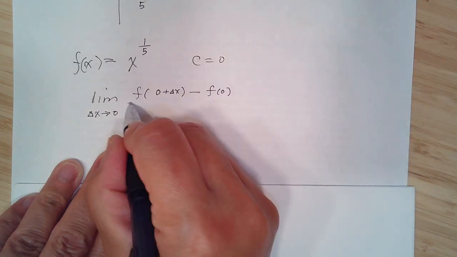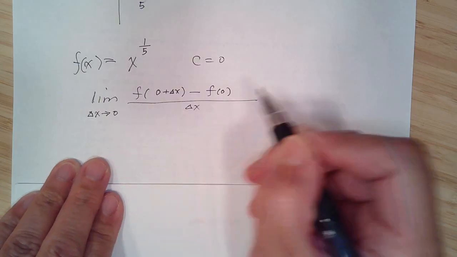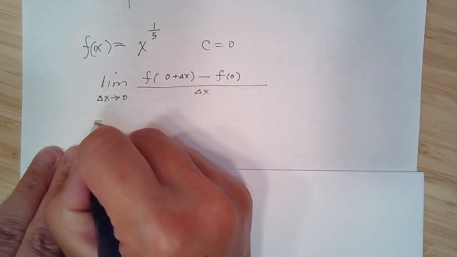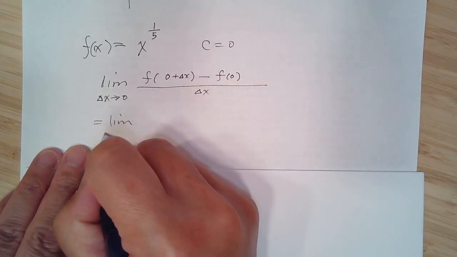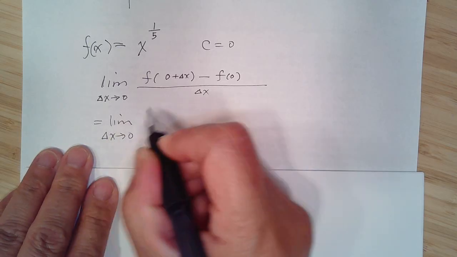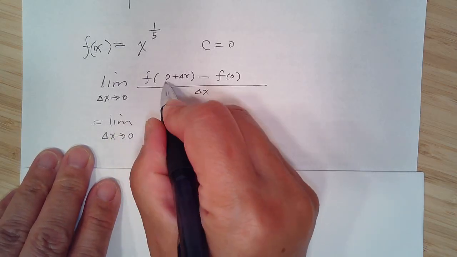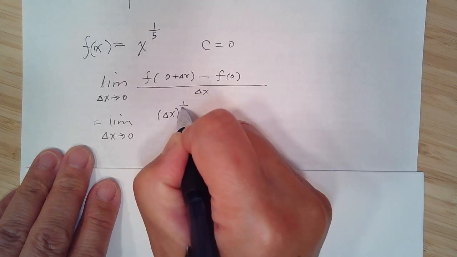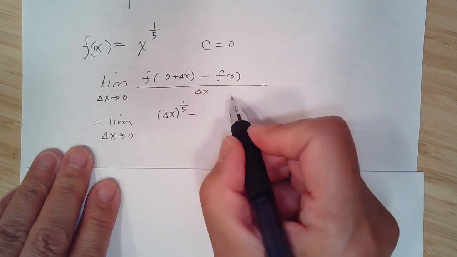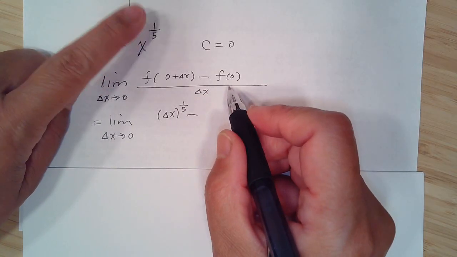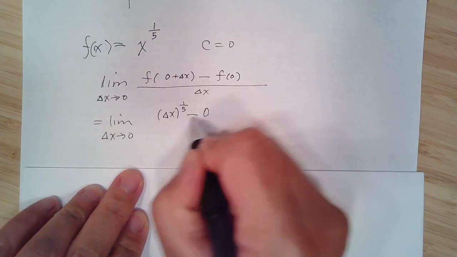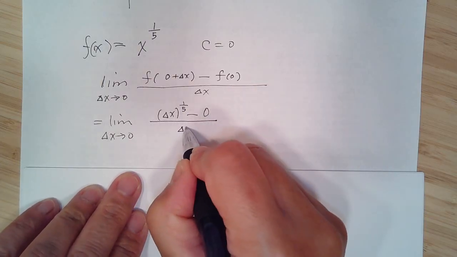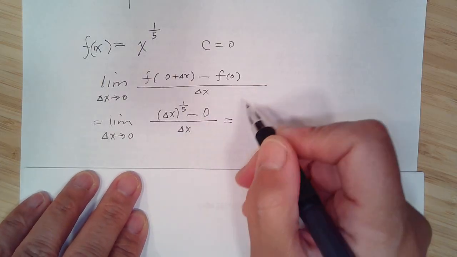Because that's c, over delta x. So that should be the limit as delta x approaches 0, and this should be 0 plus delta x is just delta x to the 1/5 power, minus f of 0, which to that power is also 0, and then divided by delta x.